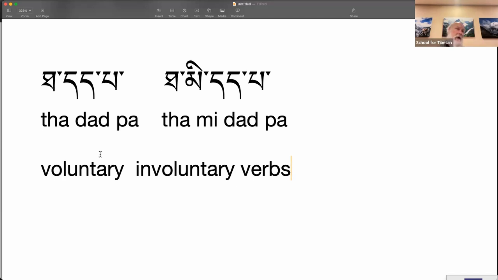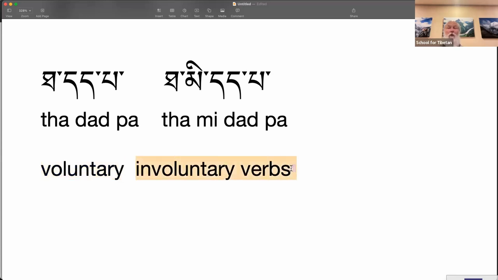Yes, intentional action, non-intentional action. Okay, verbs, in other words actions, that you can do because you want to do them, and you have a certain amount of control upon the result of that action.